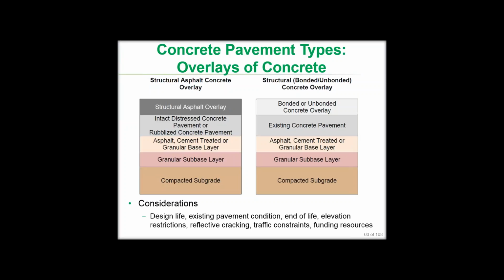Also, funding resources. There may not be enough funding to choose a longer life option, such as an unbonded concrete overlay. So the second option I show there on the right is bonded and unbonded concrete overlays of an existing concrete pavement.